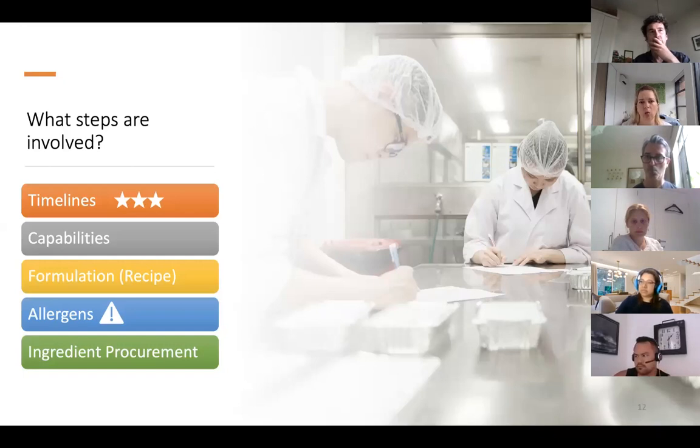There's actually a whole department that is just focused on that. And then there's the ingredient procurement. The ingredients can come from all over the world, and they all have different timings on how you're going to get them into your factory in time.